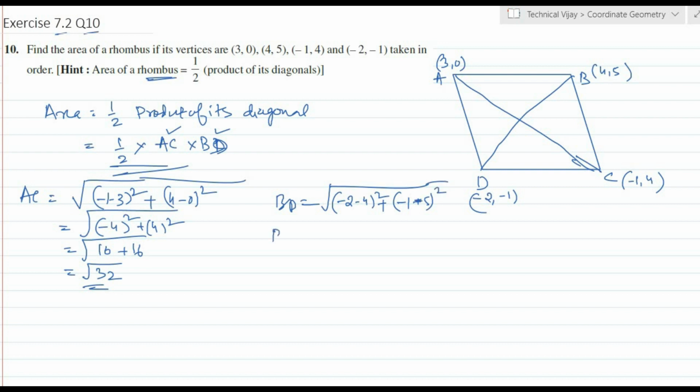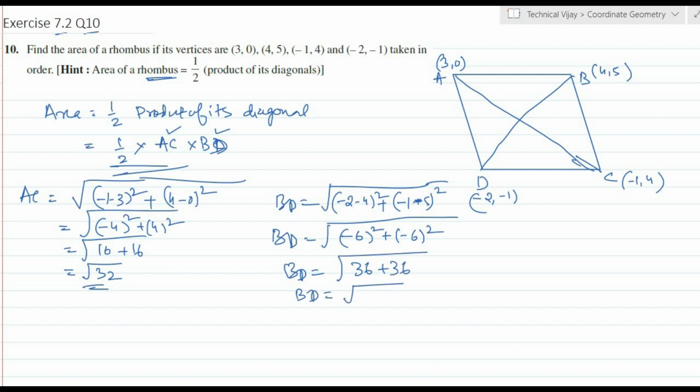So BD is equal to square root of minus 6 square plus minus 6 square. 6 square is 36, so BD is equal to square root of 72. Now we have to calculate the area. Area is equal to half, as per the hint, into root 32 into root 72.